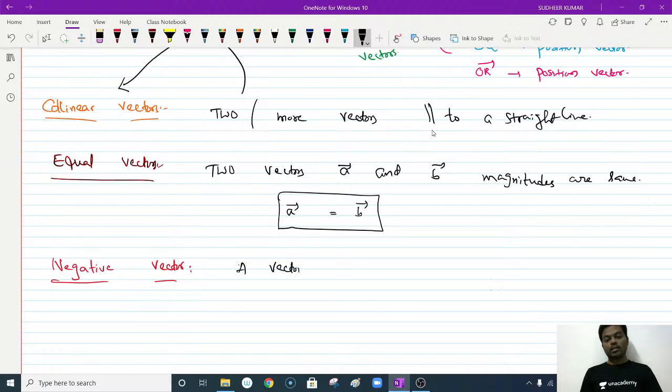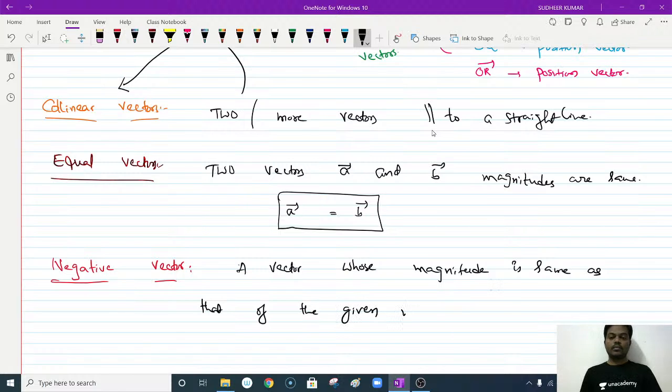A vector whose magnitude is the same as that of the given vector, but it is opposite in direction, right?